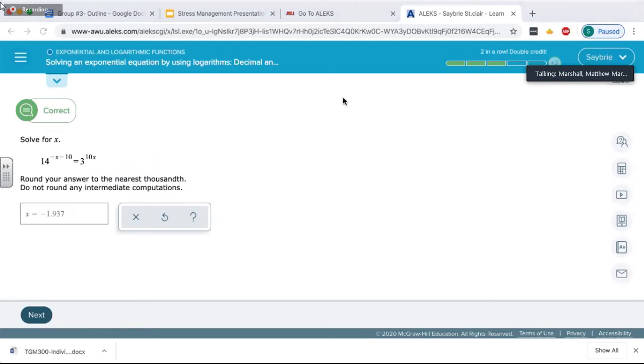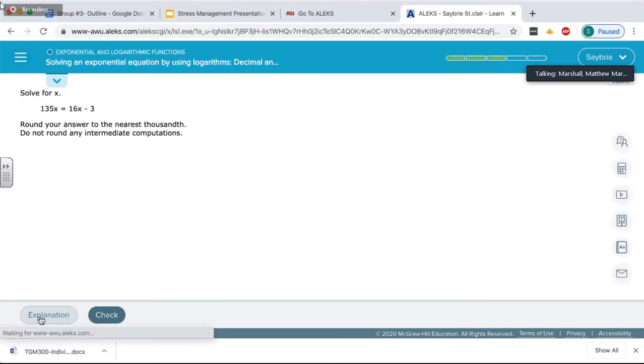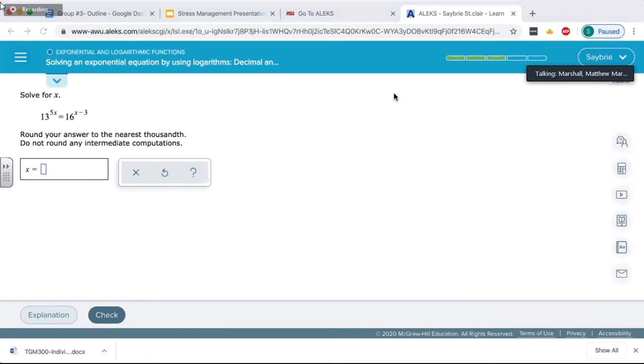One more, yeah. They're really long and they're really messy, but I mean, again, compared to the other ones. So 13 to the 5x equals 16 to the x minus 3. All right, you ready?